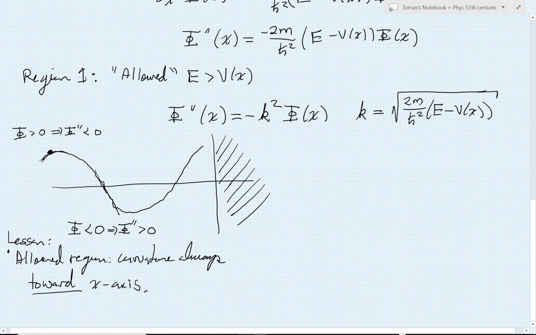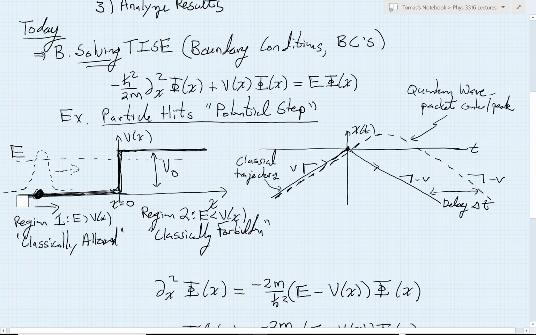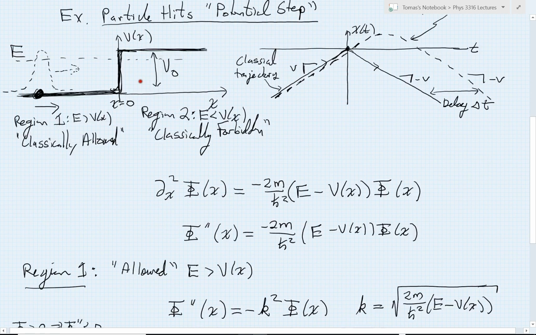Okay, now let's get a little more particular now. So for us, in the example that we're actually working through, we can solve for our particular value of k. So k equals the square root of 2m over h bar squared times E minus V of x. But now for us, in region 1, that's what our focus is. In region 1, the value of the potential is always 0 in this region.